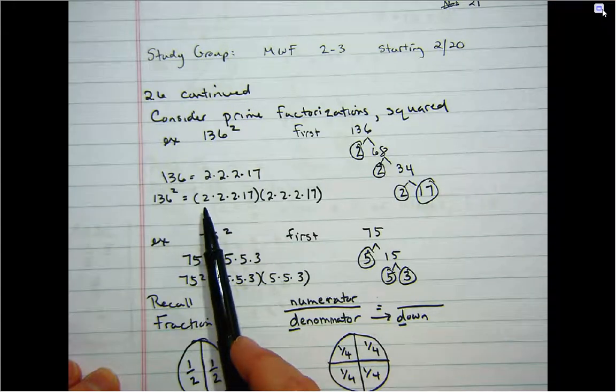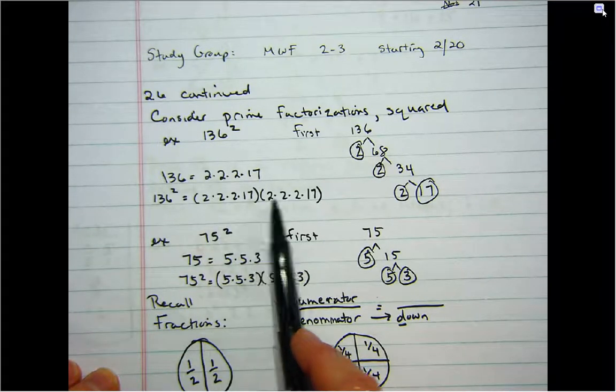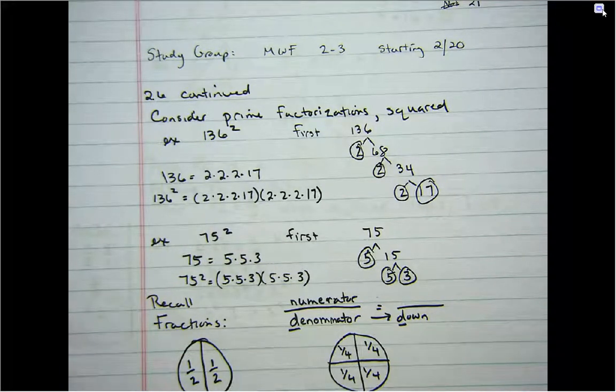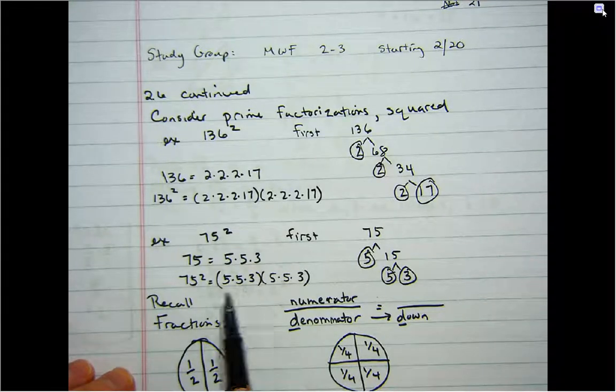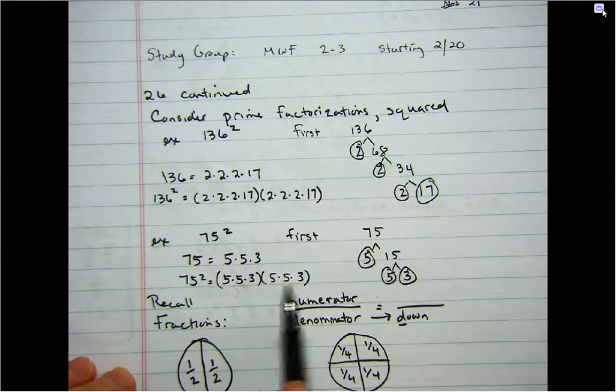So here you have 8 prime factors of 136 squared, because you have 4 factors times 4 more factors. Or here you have 6 prime factors, because you have 3 factors times 3 more factors.